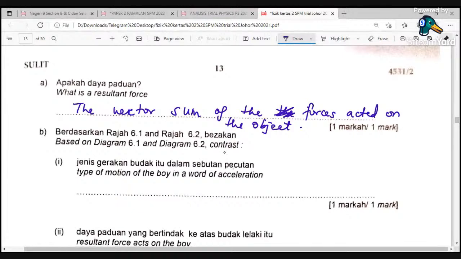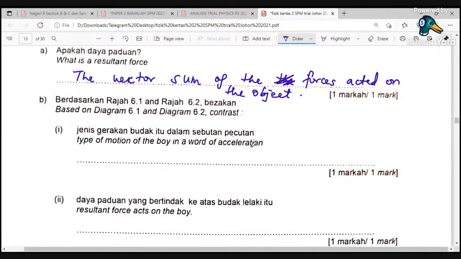Okay. Based on a diagram 6.1 and 6.2 contrast. Yang ni kita guna compare dan contrast sama lah.